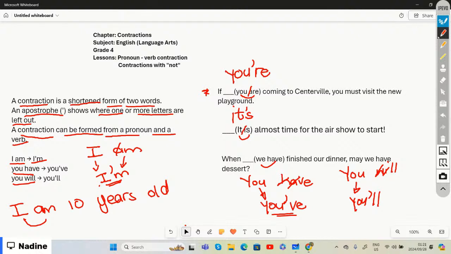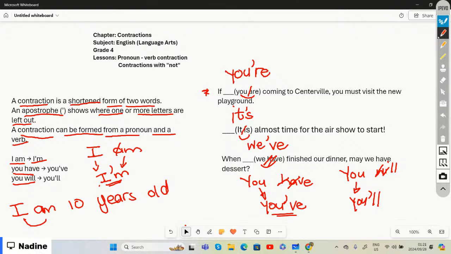And if we want to shorten that word, remember we said that the pronoun stays the same. So the pronoun we will stay the same. Have is the verb that we are going to shorten. So we're going to remove the H and the A and put the apostrophe in their place. Add the V and the E. So now we say we've.